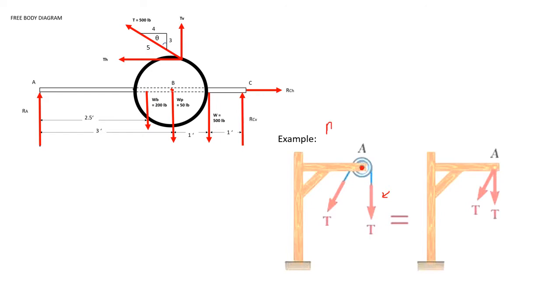So let's call this M1, and notice that the moment equation is force times distance. So our sign convention here is we are taking a clockwise moment to be positive.